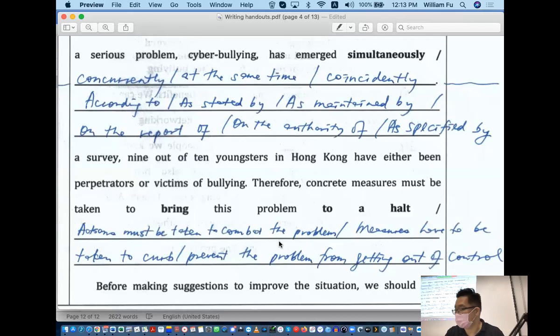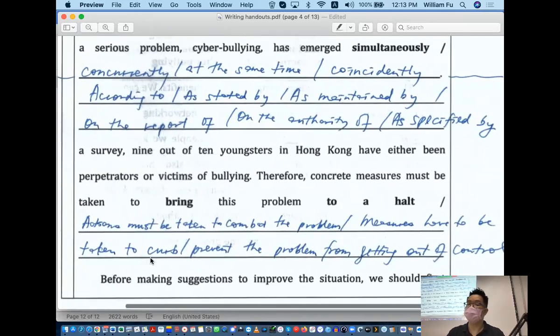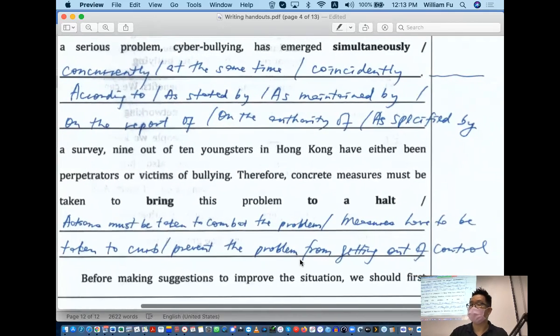People treat them as clowns. What are clowns? Measures have to be taken to curb, 係制止, curb or prevent the problem from getting out of control.